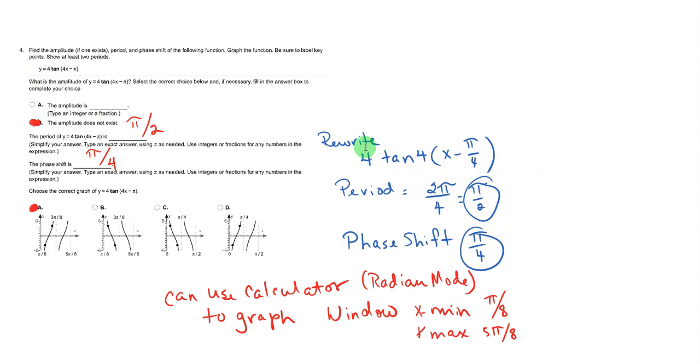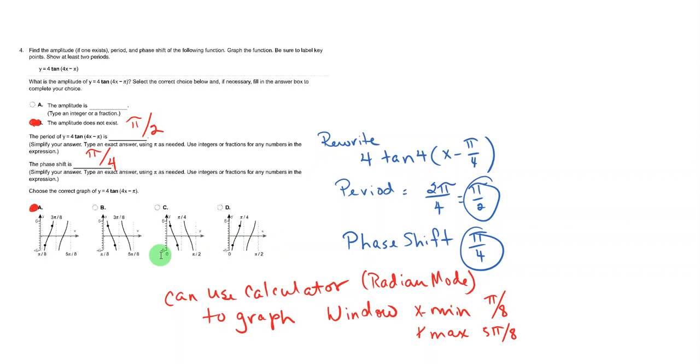If we rewrite this and factor out the 4, then we have the 4x divided by 4 leaves x. The pi divided by 4, we've got that. So the period is 2 pi over 4, which is pi over 2. The phase shift is now pi over 4. It was negative there. It'll be positive in your answer.